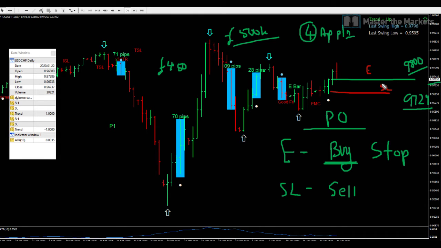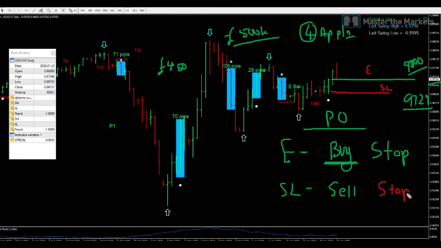Therefore, since it's lower than the market price, what do we call it? Remember, think like a seller. Usually as a seller, a better price is selling higher than the market price. But in this case, to risk manage myself, I've got to sell lower than the market price. So therefore, it's a stop.